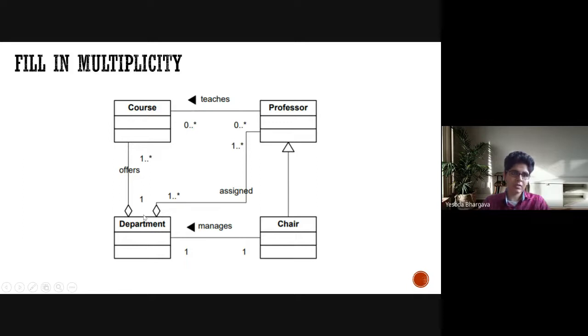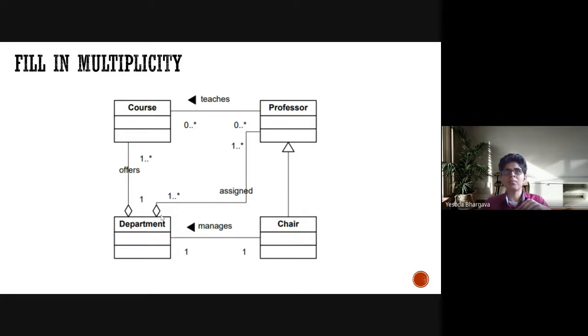In this example, if they had mentioned that a professor can only belong to one department, then this kind of multiplicity would not be there. It is a slightly tricky exercise. It comes with much more practice and brainstorming, and there is always a possibility of debate and dissension.